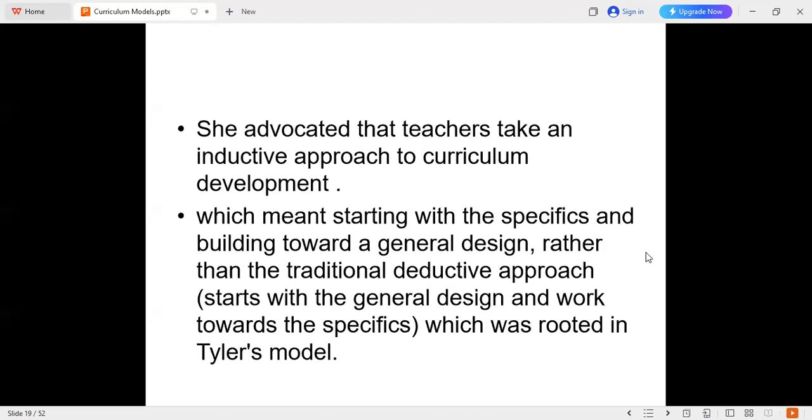One by one, we should promote the student's ability to write an essay. That is the thing. We can give this example for Taba's steps, the suggestion from specifics to general.